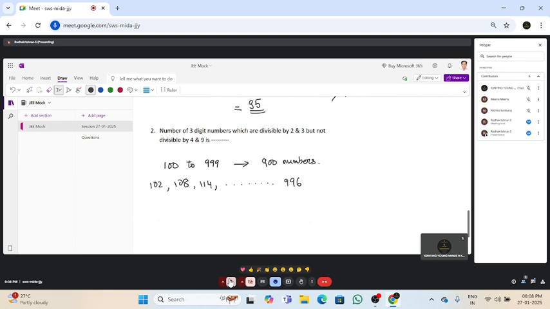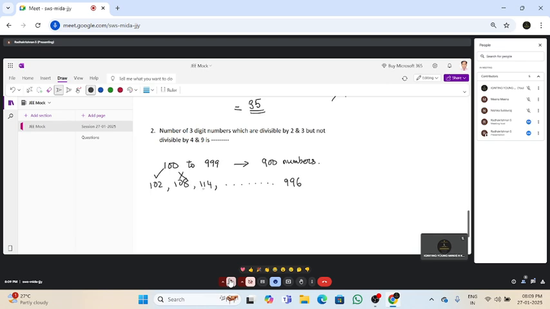So these are the numbers divisible by 6. But within this we have to choose the numbers not divisible by 4 and 9. So it should not be divisible by 4 and also not divisible by 9. Now look, 102 is not divisible by 4, and not divisible by 9 also, so we can select this. But can we select 108? 108 is divisible by 9, so we cannot select it. It is also divisible by 4.